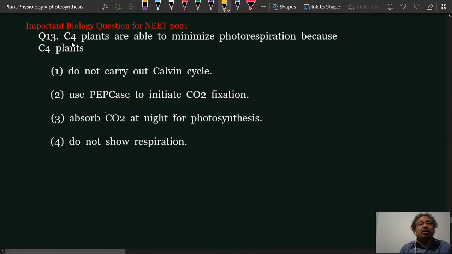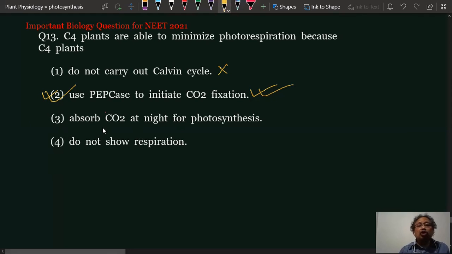Question 13. C4 plants are able to minimize photorespiration because C4 plants, options are, do not carry out Calvin cycle, not true. Use PEP carboxylase to initiate carbon dioxide fixation. This is correct, and option 2 is the answer.